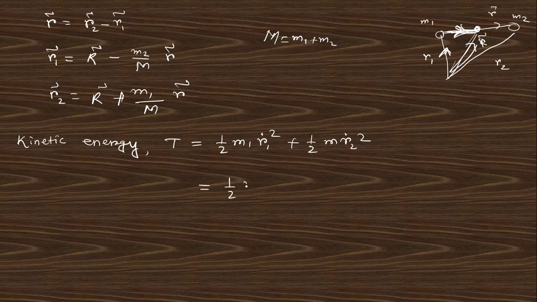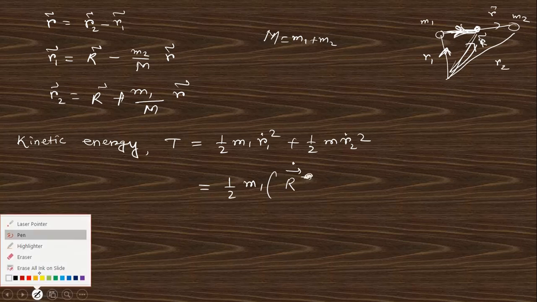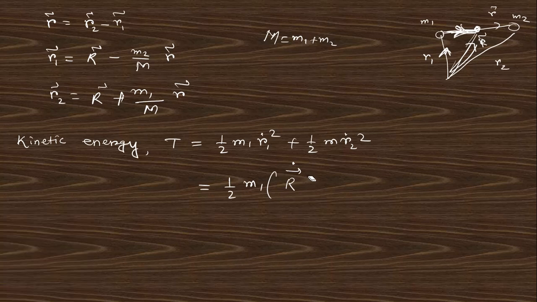If you put in r1 and r2, you get half m1 times R dot minus m2 by M r dot, whole square, plus half m2 times R dot plus m1 by M r dot, whole square.